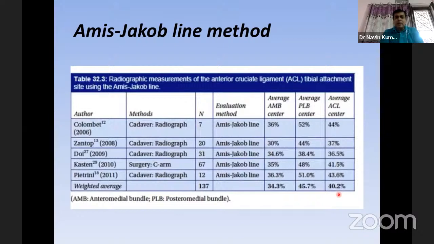Earlier, maybe 5-6 years back, I also used to do double bundle ACL reconstruction. Now I have stopped it because the literature says there is not much advantage of doing that. Whenever I was doing the two bundle technique, my technique was to keep both the bundles anterior so that it does not impinge on the posterior cruciate ligament.